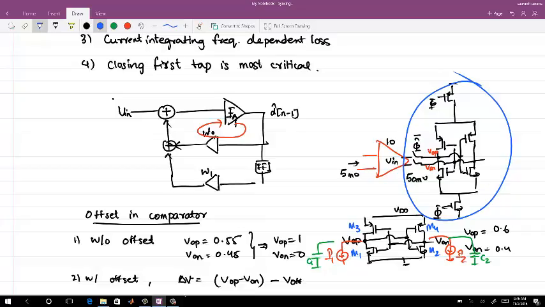The switches at M0 and M bottom are there, and both the switches are clocked at every bit period. Those switches give a kickback current to the previous block, and that is coming because you are having a capacitor. Everywhere there is a capacitor. There is a capacitor here, there is a capacitor here, there is a capacitor here.